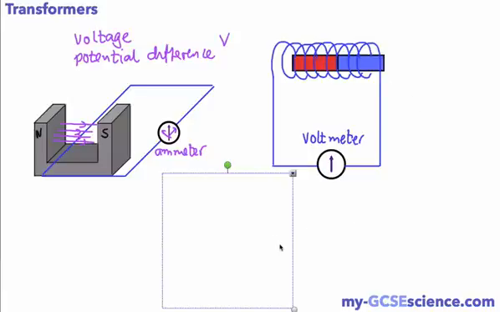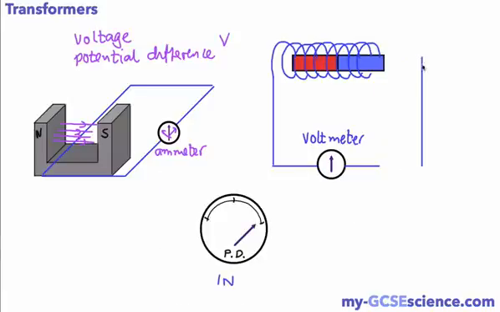So if we have, for example, the permanent magnet moving in, the reading will go to one side on the scale. Here we have a 0, and we have a positive reading on this side and a negative reading on that side. So with the magnet moving in, we have potential difference in one direction.